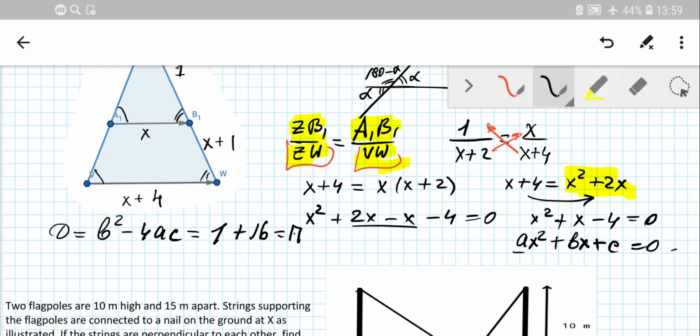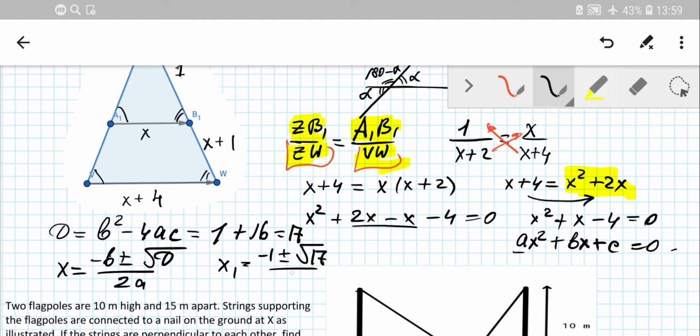So we get 17. According to the formula for finding solutions, we take the square root of the discriminant, over 2a. So x is negative 1 plus or minus the square root of 17, over 2.